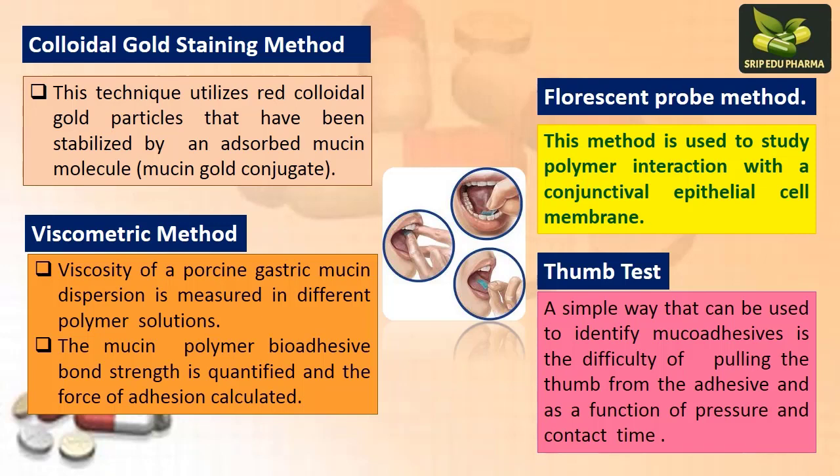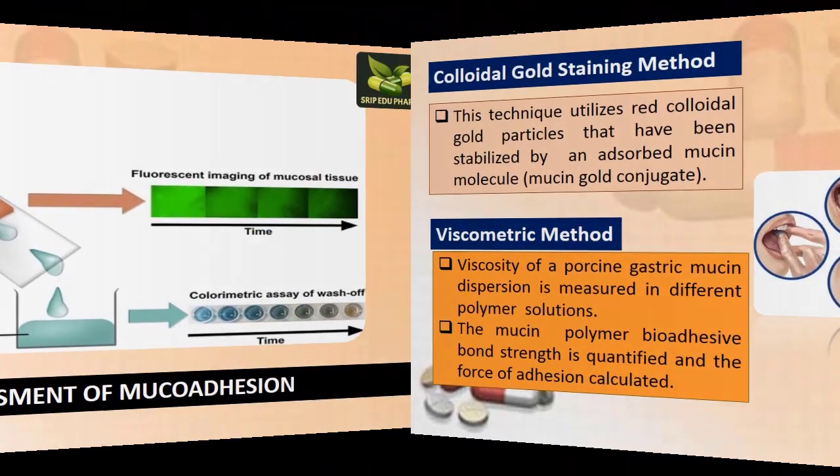This method is used to study polymer interaction with the conjunctival epithelial cell membrane. Then comes the thumb test. A simple way to identify a mucoadhesive is the difficulty of pulling the thumb from the adhesive as a function of pressure and contact time. This is the simplest test to analyze the force of bioadhesion.